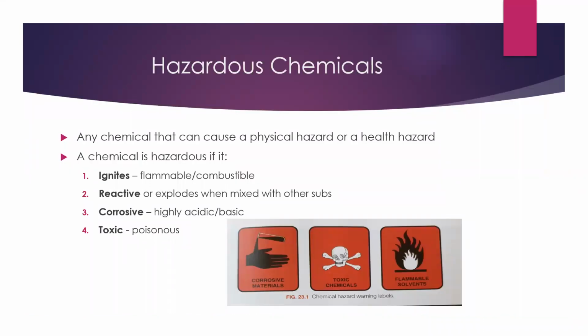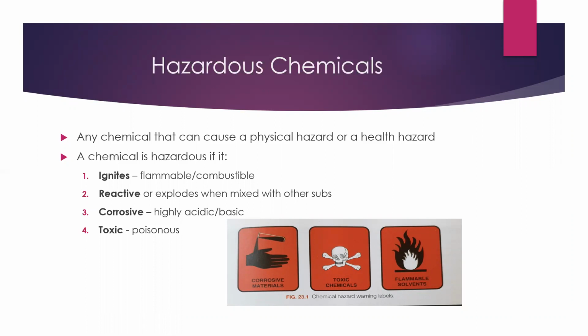Hazardous chemicals are considered any chemical that can cause a physical hazard or a health hazard. A chemical is hazardous if it ignites, is reactive, is corrosive, or is even toxic. Ignite, as the word says, is basically it can catch flame. It's combustible, and reactive is if it explodes when it's mixed with other substances.